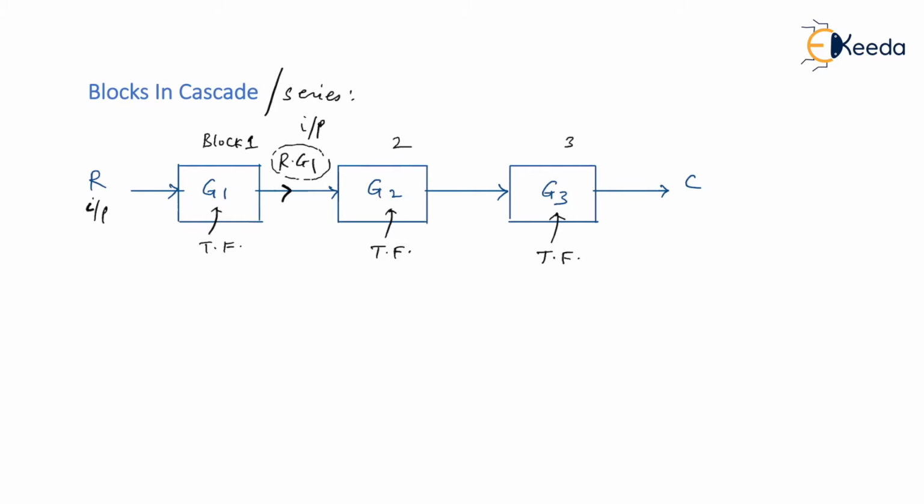So the output of block number 2 is RG1 as input multiplied by G2 as transfer function. Even this is acting as input to block number 3. So by following the standard procedure, C is equal to RG1G2 as input multiplied by G3 as the transfer function of block number 3, and this is nothing but the overall output.